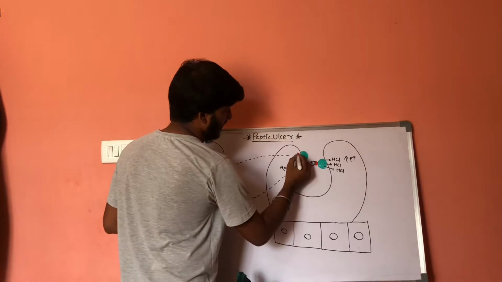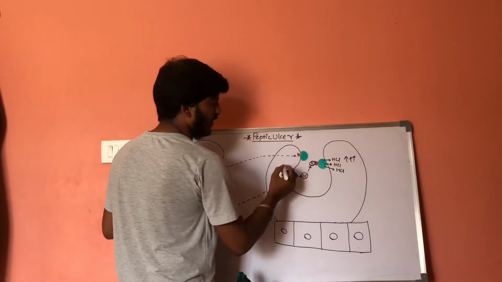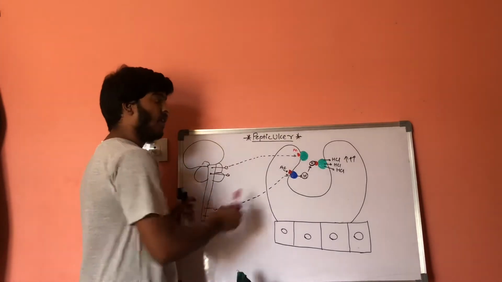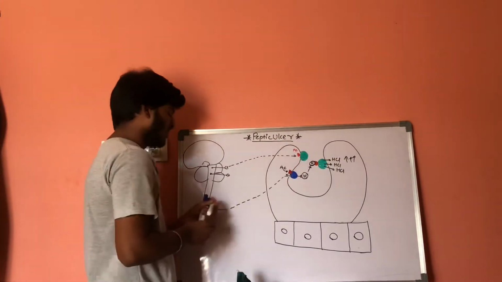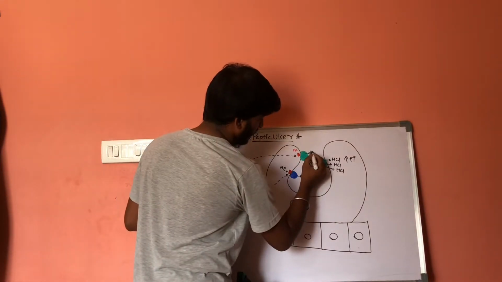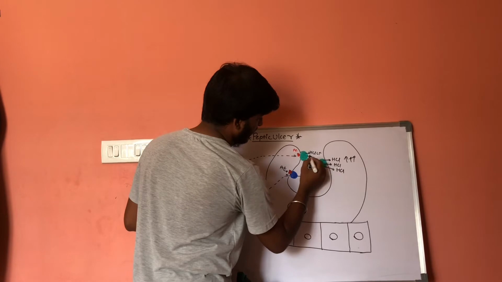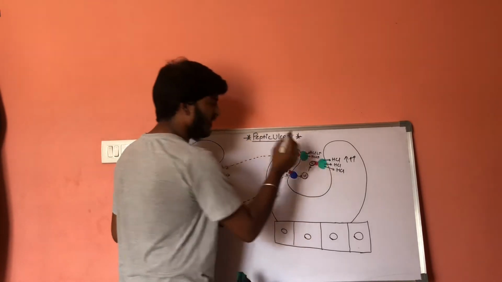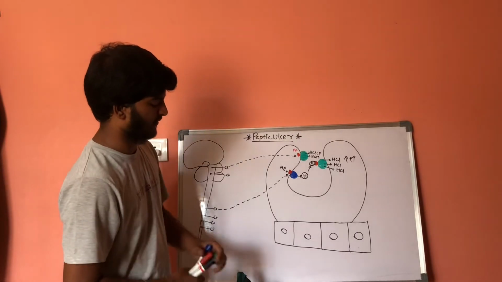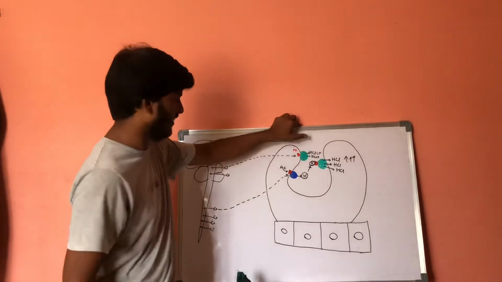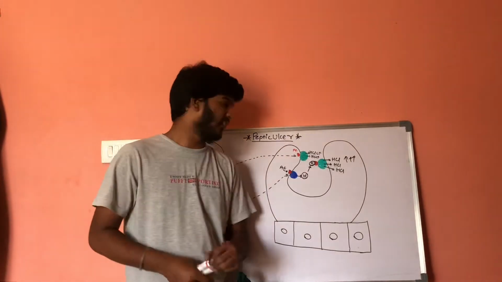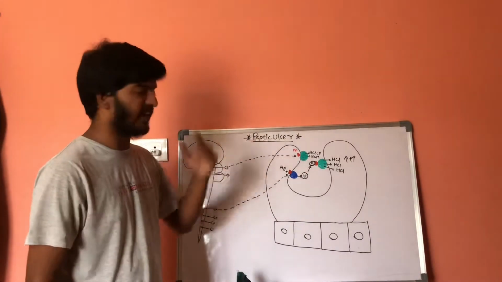That means by releasing the acetylcholine on parietal cells, these parietal cells release HCl. So acidic concentration will get increased. So these are two pathways through which HCl concentration will be increased. One is indirect pathway, another one is direct pathway.